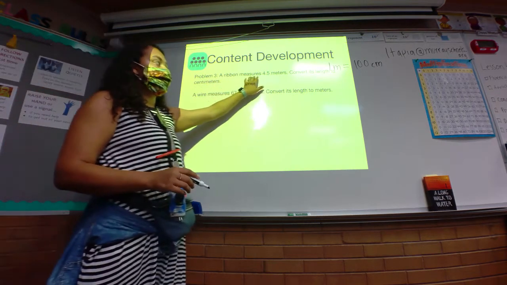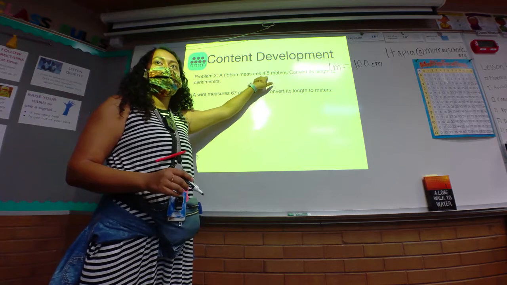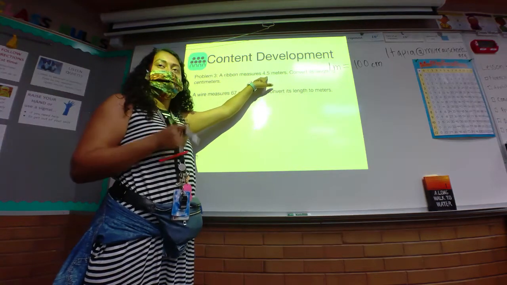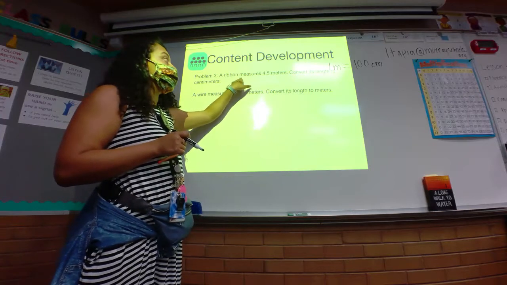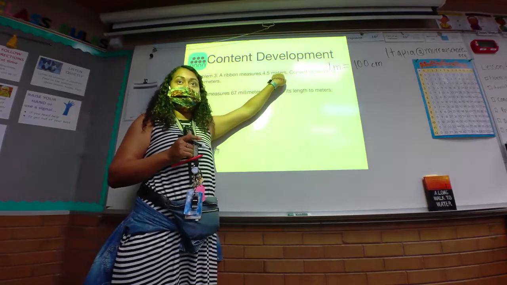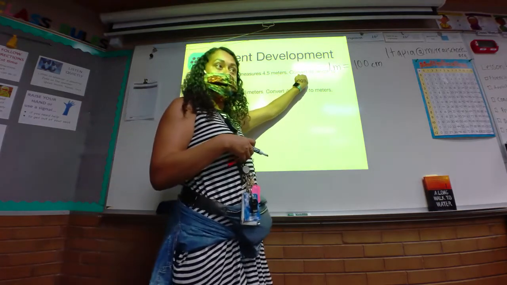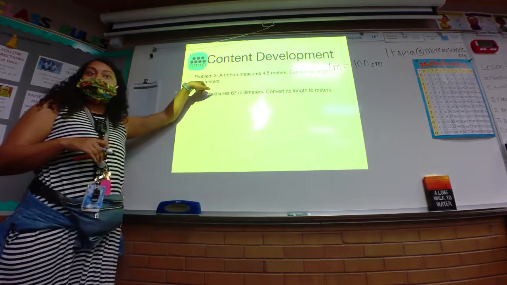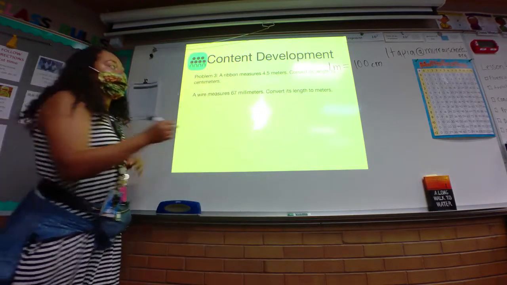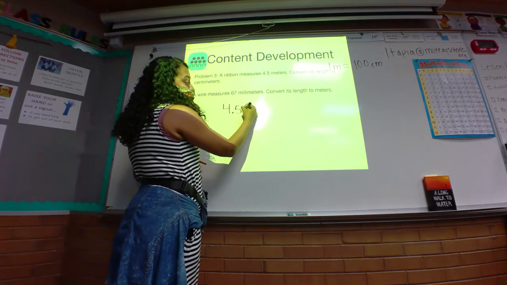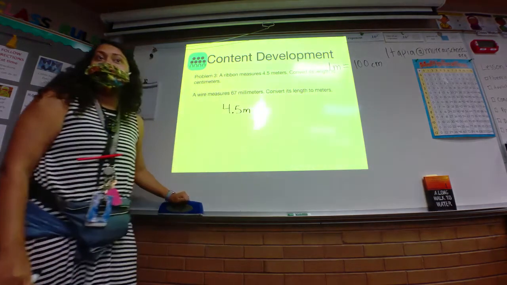A ribbon measures 4, Marley, eyes up here. Mask up. Put it down. A ribbon measures 4 and 5/10 meters. You're going to convert it, so you're going to change the units to centimeters, okay? So let's write it. So 4 and 5/10 meters.